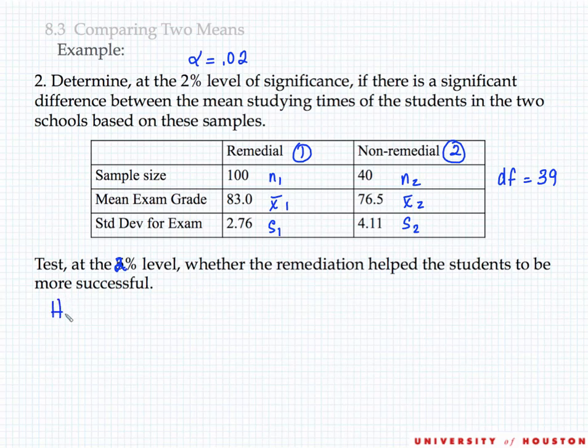So test at the 2% level whether the remediation helped the students to be more successful. Our null hypothesis is that there's no difference in these populations. Our alternate is saying that the remedial, which is group 1, is more successful than group 2. Our rejection region would be a one-tailed test, shaded to the right because it's greater than.